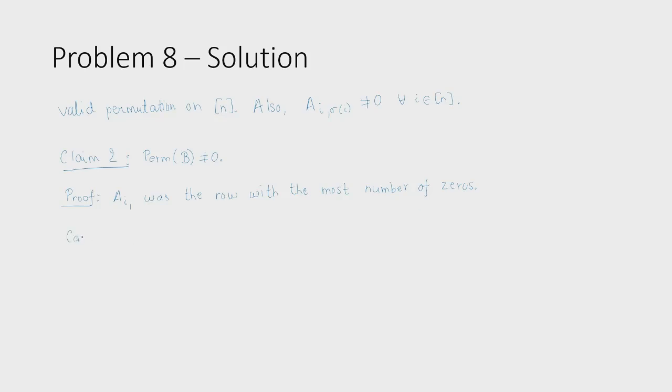Let's consider case 1. The row I1 had no zero. So in this case, A and therefore B are all one matrices.